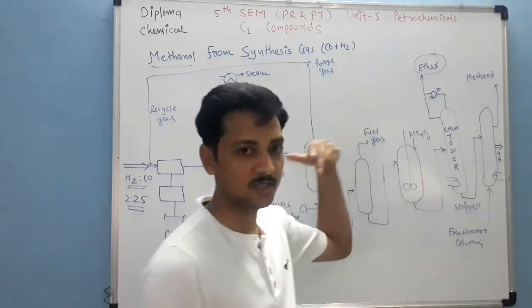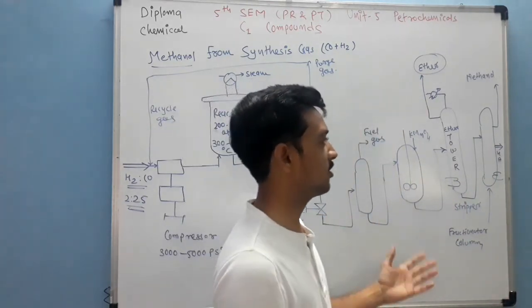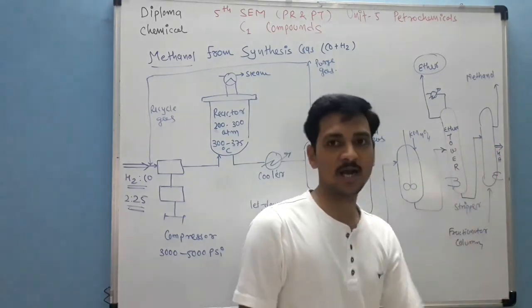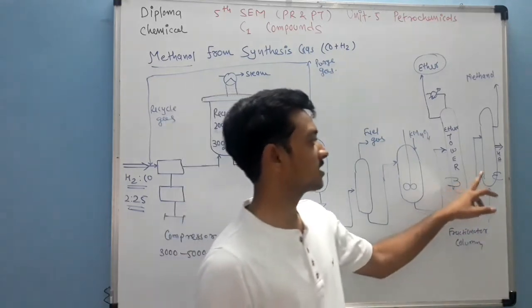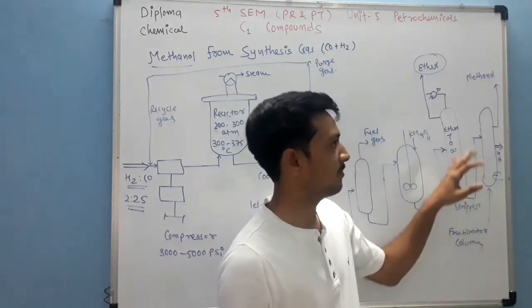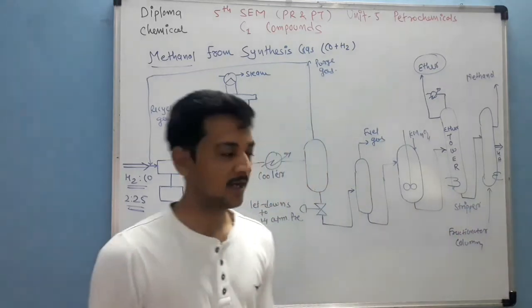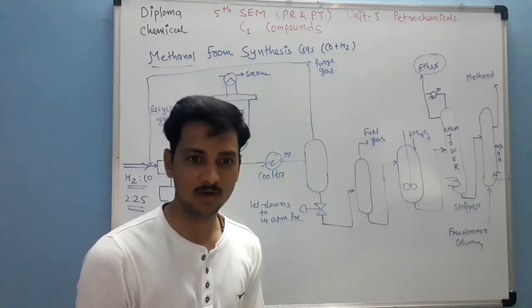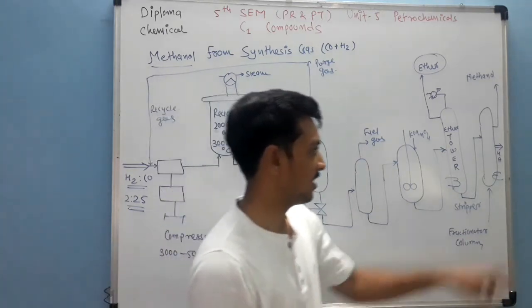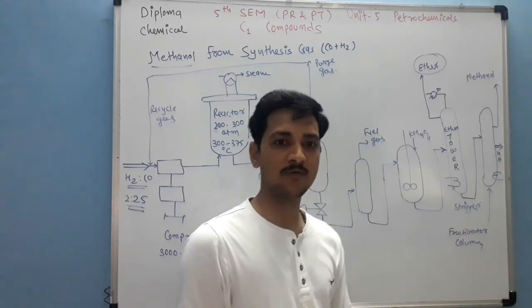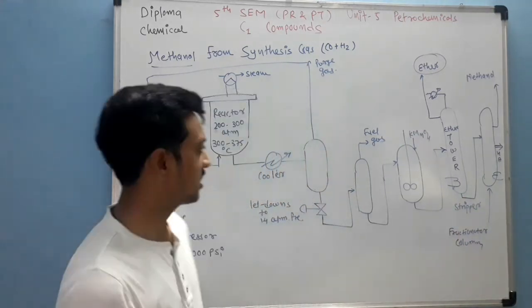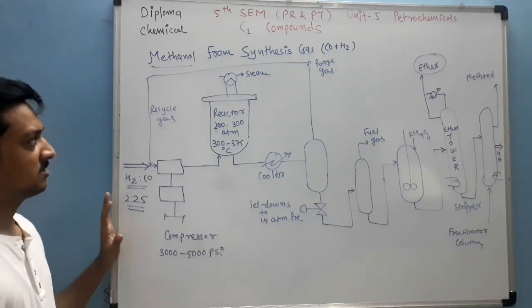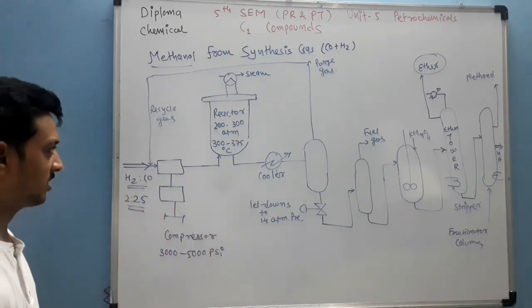From the top, ether is removed and further the methanol solution is sent to a fractionator column where methanol is taken from overhead and heavy alcohol is removed from the bottom of the column. Okay, heavy alcohol means heavy molecular weight compounds. These are the simple process flow diagram and the key points of methanol.